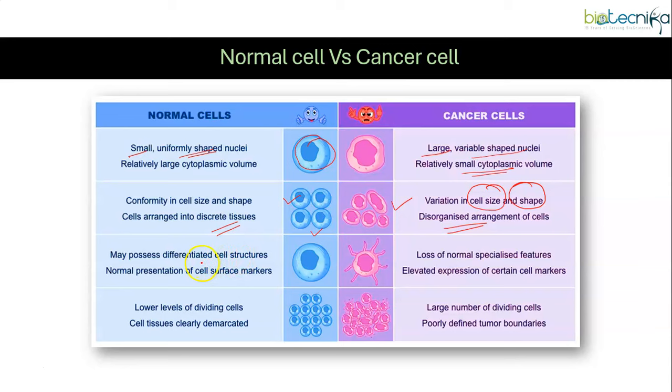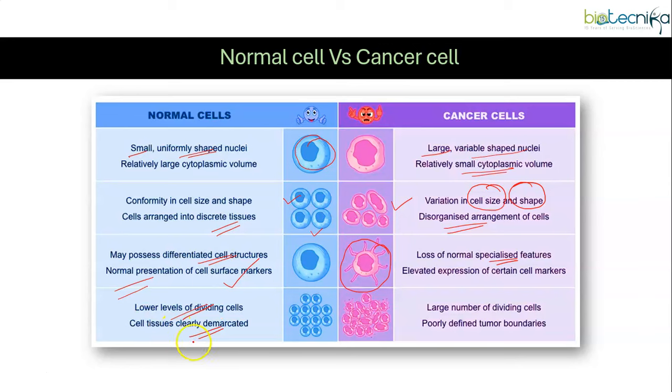Normal cells will possess differentiated cell structures and they have normal presentation of cell surface markers. But cancer cells do not have any specialized features, and also the expression of cell surface markers is more or elevated. Normal cells will have lower levels of dividing cells and their tissues are clearly demarcated.